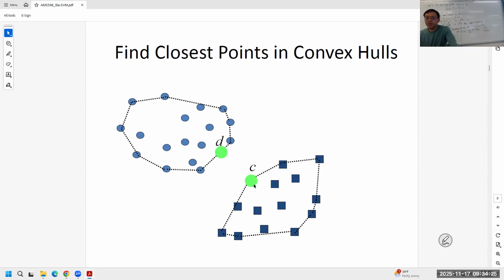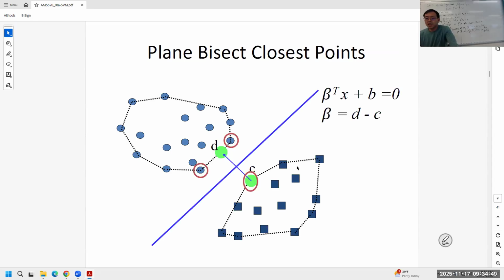That line should be the best separator. So the best separator is somewhere in between the two groups. It's not too close to the upper group, or too close to the lower group. It's somewhere in the middle. So that's really the best.